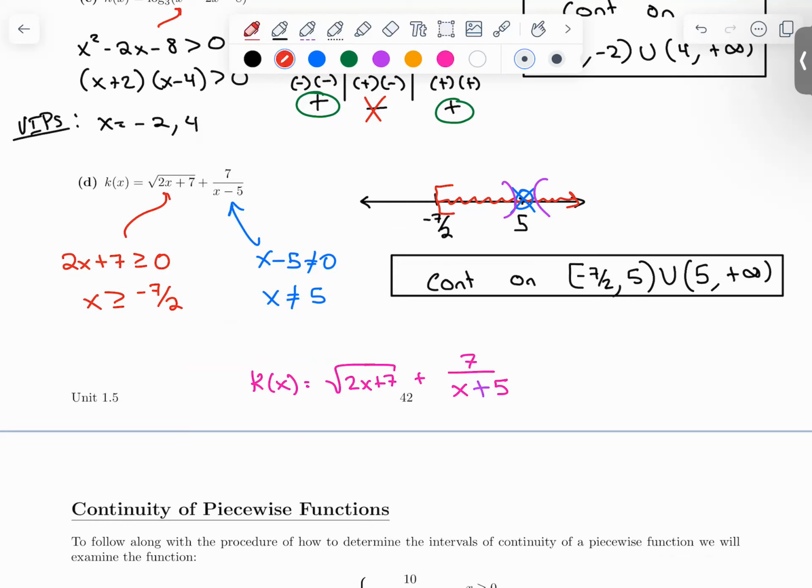From here we'd have x greater than or equal to negative 7 halves, and from here x can't equal negative 5. But the answer will just be continuous on bracket negative 7 halves to positive infinity. That will be the answer. I want you to think about why I don't write the negative 5. Think about it.